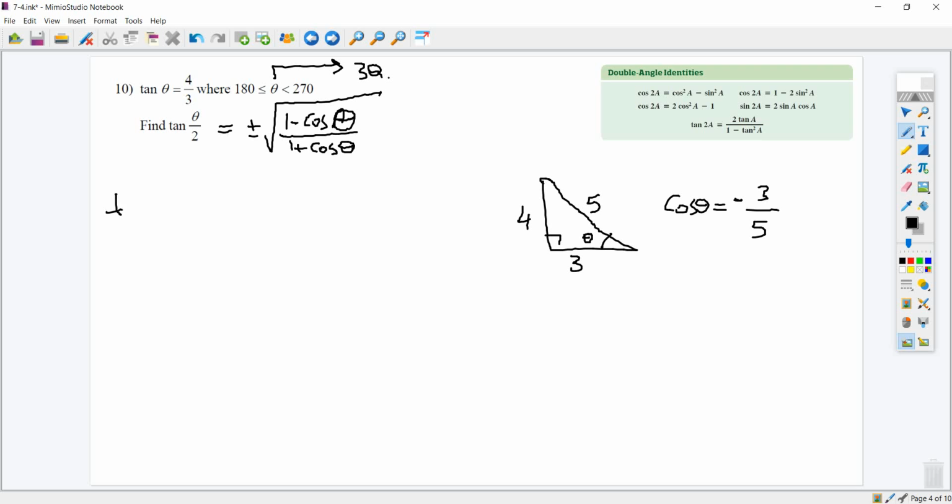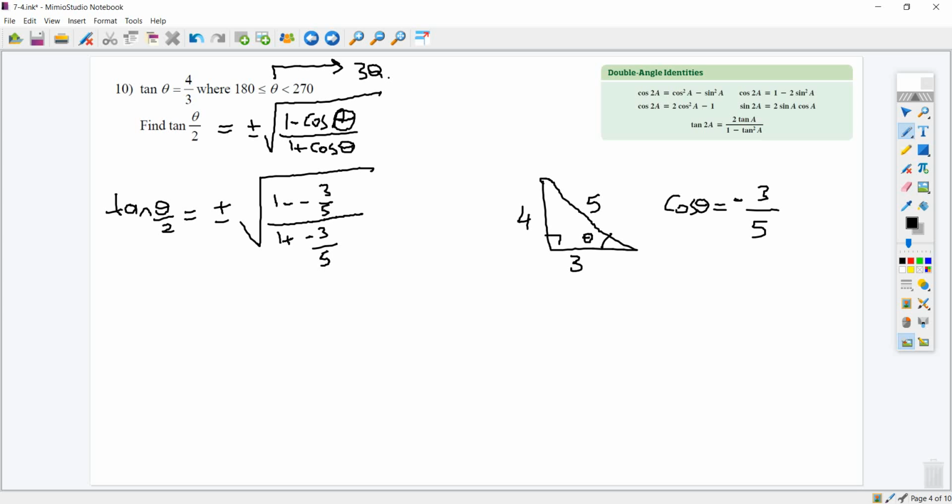So now go back to the question. Tangent theta over 2 is what we were looking for, and the plus and minus formula says we should have 1 minus cosine theta, so 1 minus negative 3 over 5, over 1 plus negative 3 over 5. These are all under the same square root.